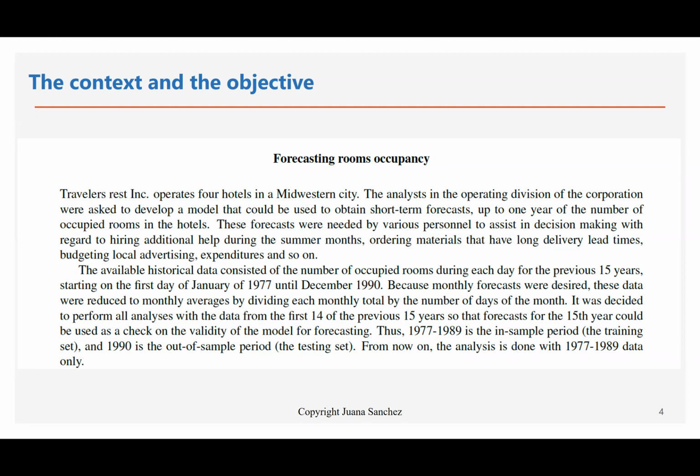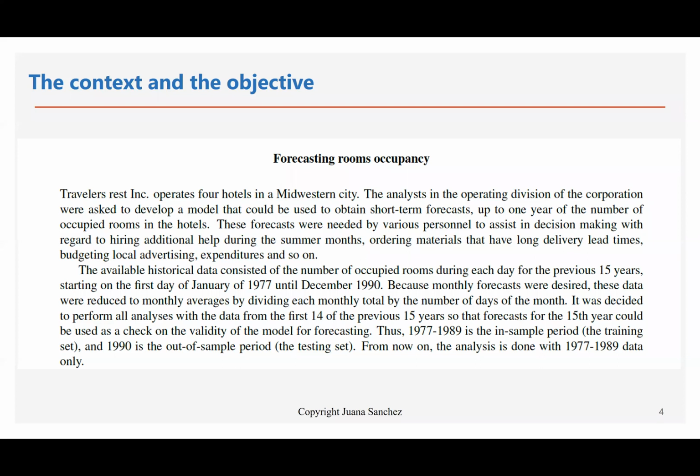So the first thing we want to check is that the model is going to be validated, right? When we validate it, it does well. So we want to validate it with the test data, and the test data is going to be the last 12 months of the last year. So the 1990 months are the ones that are going to be forecasted, and the forecast is going to be compared with the data for 1990.